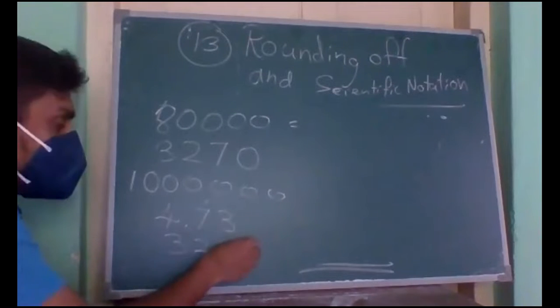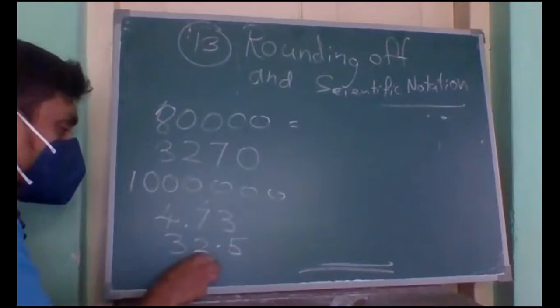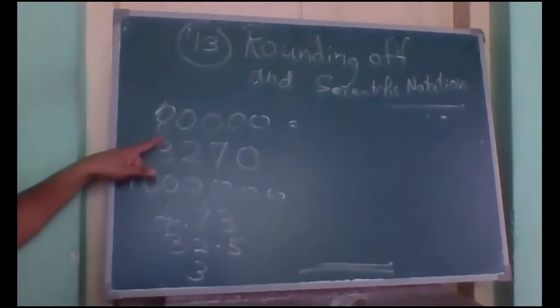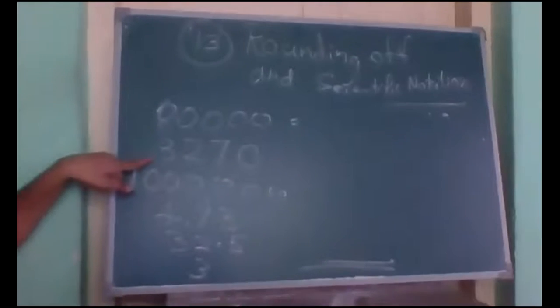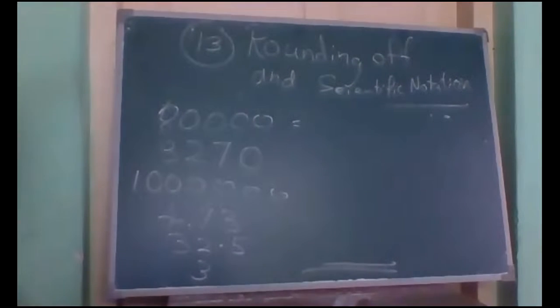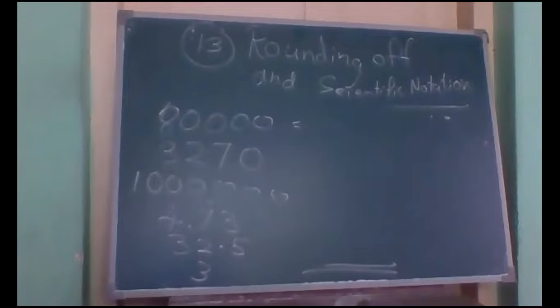There are 6 questions, right? Can you see the board? 80,000, 3270, 10,000, 1 million, 4.73, 3.25, and the final one is 3.